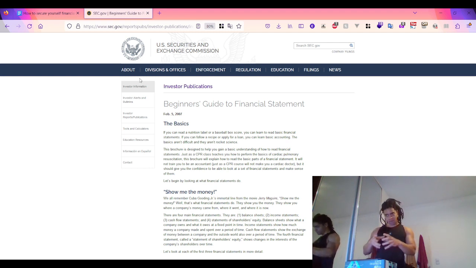However, it can give you a sense of confidence when you're able to see a set of financial statements and understand them. So, after all, financial statements show you the money.